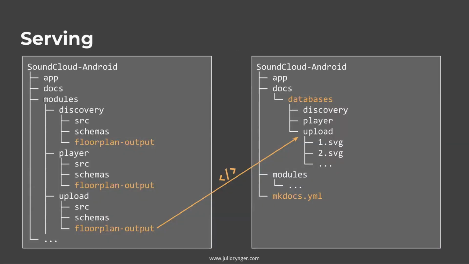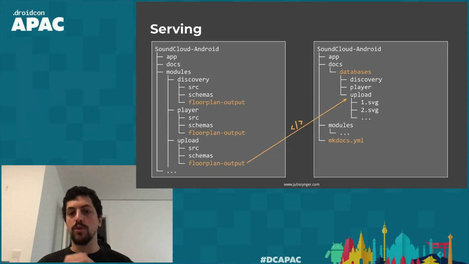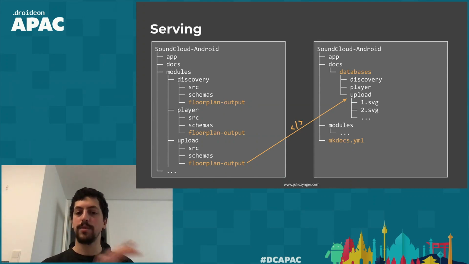So by having the standardization that I mentioned before within our many feature modules, we can also sit on that assumption to automate our workflow even further, right? As I mentioned, we deploy these files into our website.